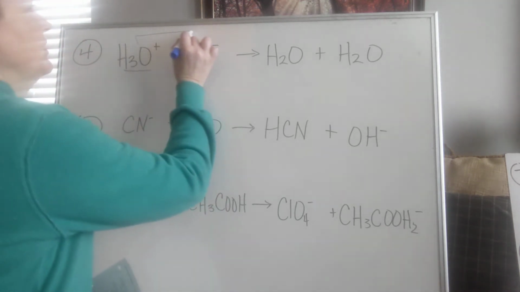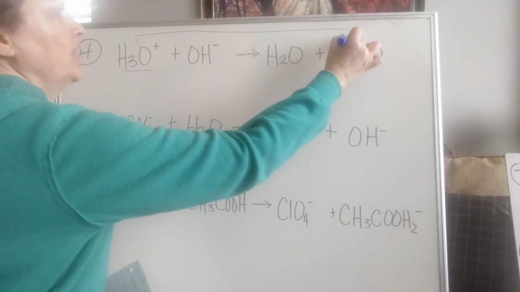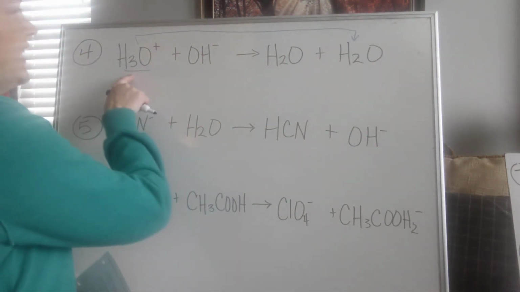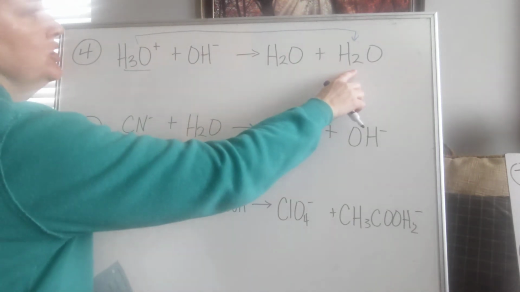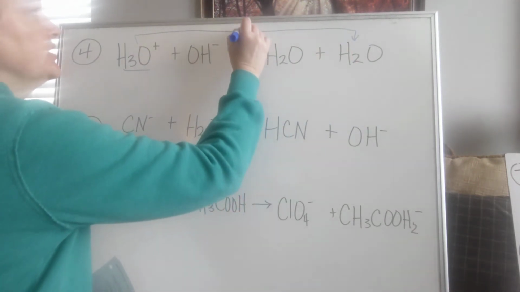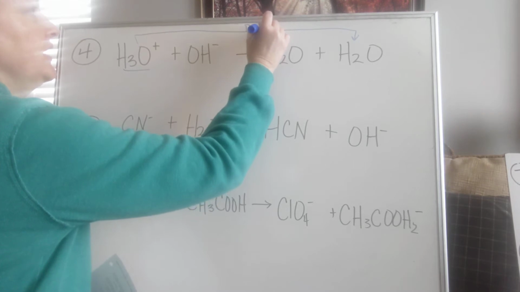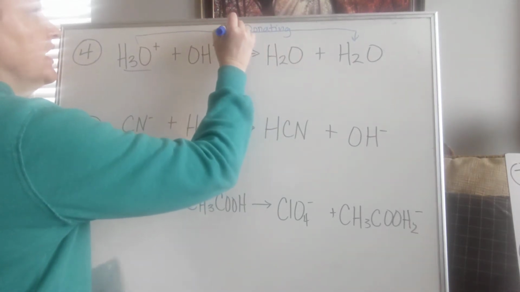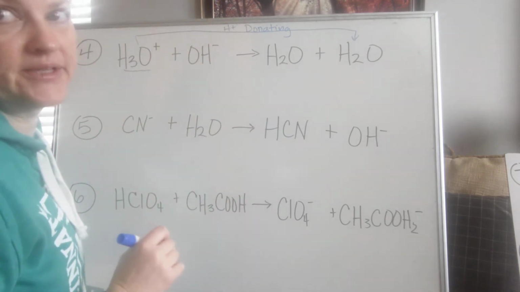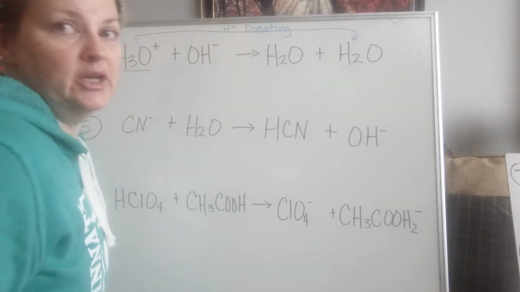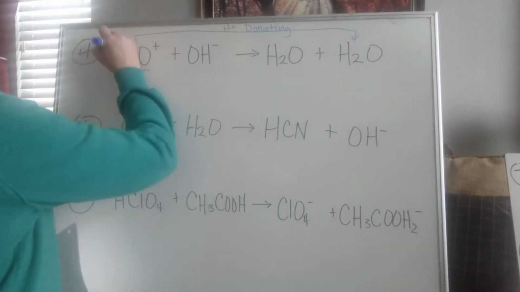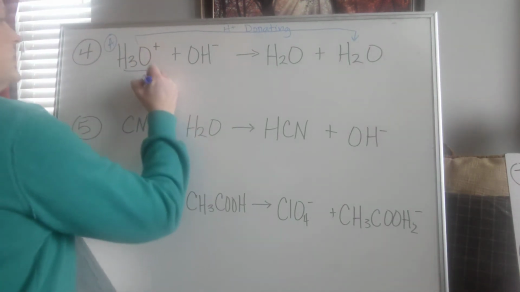Just hook this guy up to one or the other. It does not matter. But it's going from H3 to H2, so therefore it is losing or donating a hydrogen ion, also known as a proton. So the losing one or the donor is an acid. So 4 is acid.